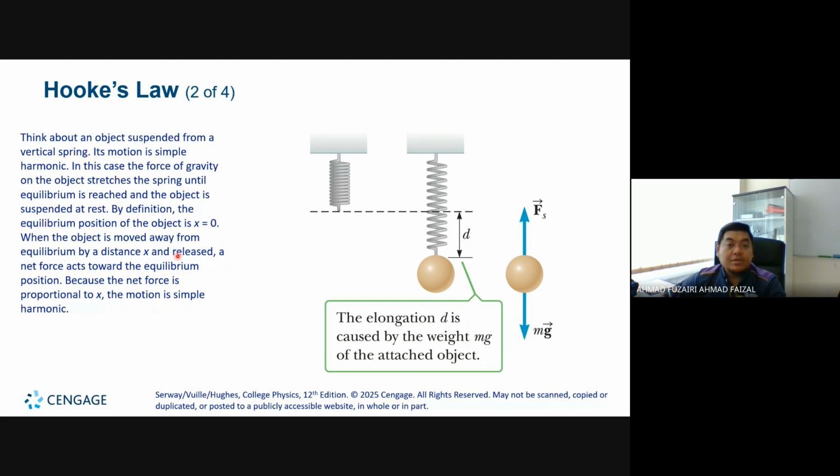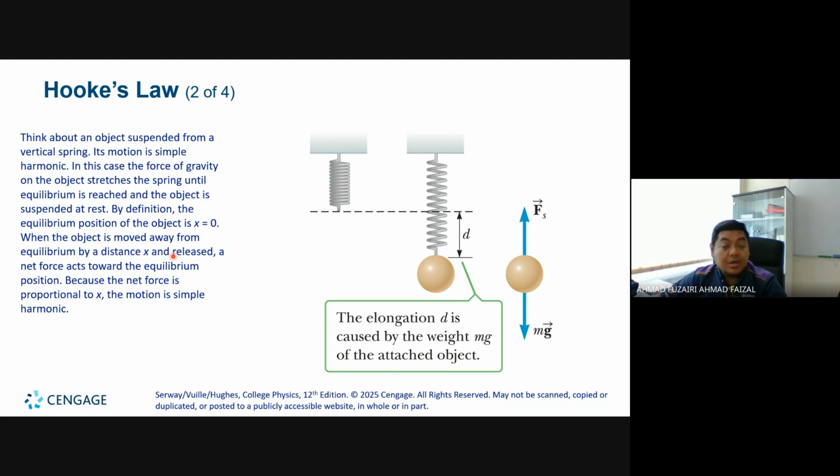When you don't put the mass on the spring, the spring is in equilibrium, and you don't give any displacement to the object. So we are saying that the spring is in equilibrium.